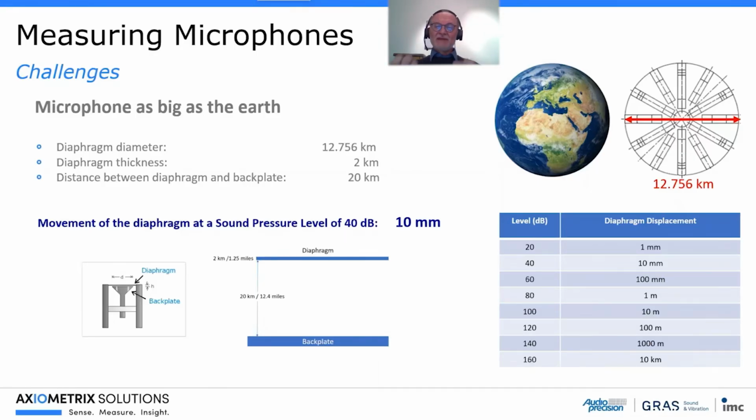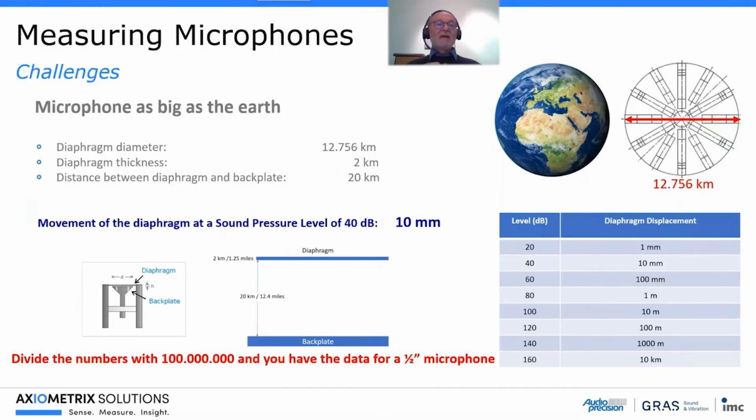And if we change it to 160 dB, then it will move 10 kilometers. If you divide all the numbers on this slide by 100 million, then you will have the real data for a half-inch microphone.